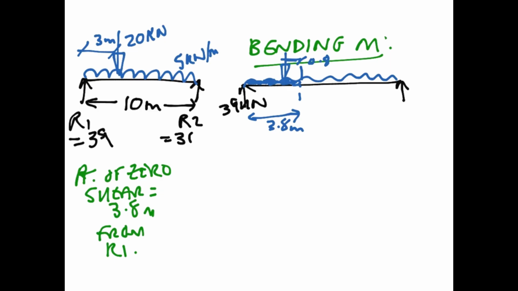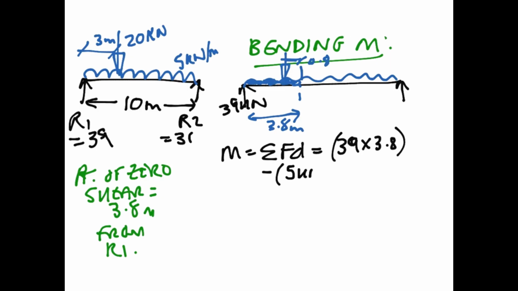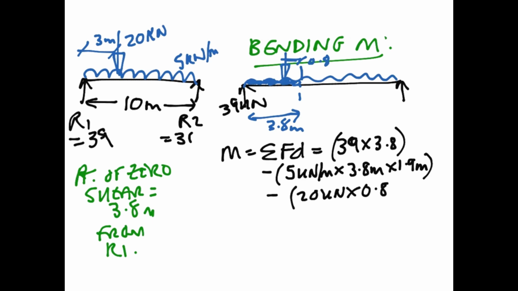So we can therefore do a sum of force times distance at the point we're interested in. So if we do M is equal to the sum of force times distance, which for 3.8 metres from R1 will be 39 times by 3.8 minus 5 kilonewtons per metre times by 3.8 metres times by 1.9 metres and minus 20 kilonewtons times by 0.8 metres.